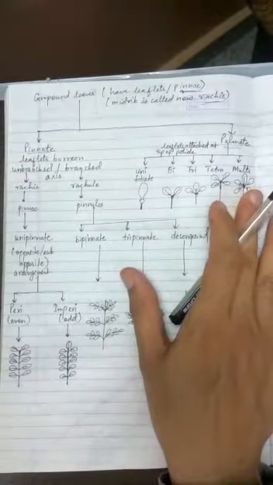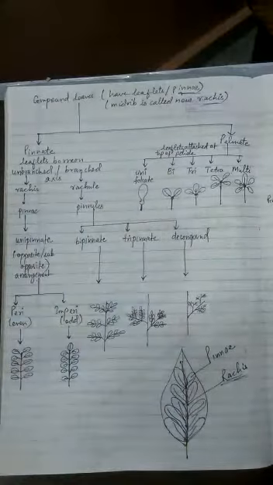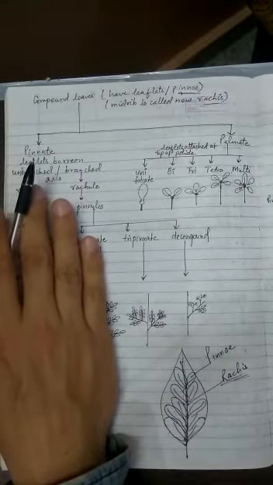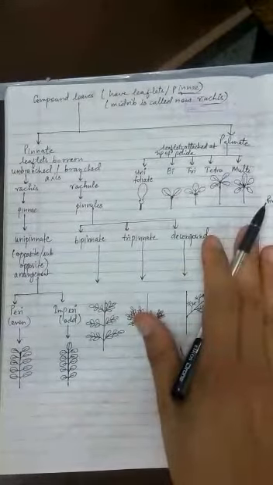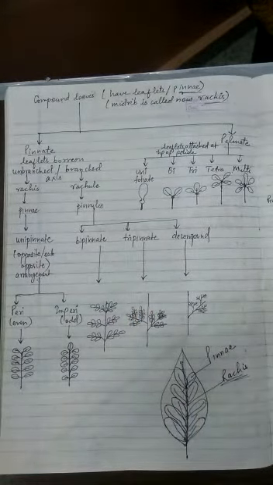Here it is multicostate type of venation which has given rise to the palmate type of compound leaf. Another point you can remember is, in the pinnate compound leaf, the leaflets are attached to the rachis. Here the leaflets are attached to the tip of the petiole. I hope the points are getting clear to you.